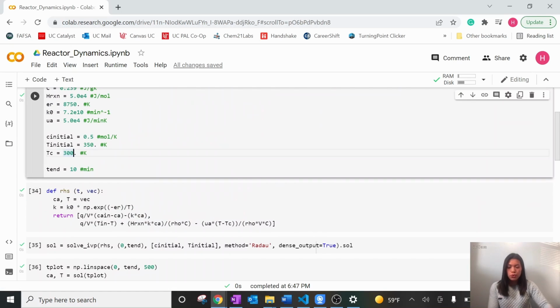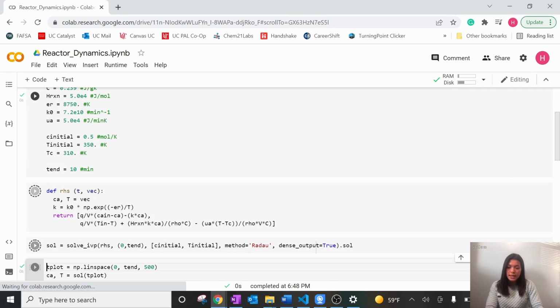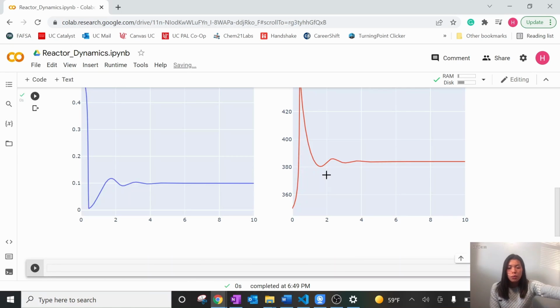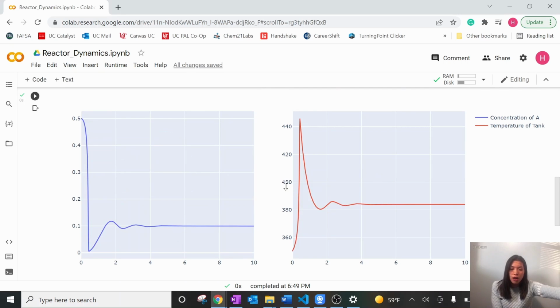Now if we go up to 310 Kelvin, which is the highest temperature in the problem that we were given, we can see we have actually somewhat of an oscillation here. And since the coolant is at a greater temperature, the reactor gets hotter, because it's not cooling the tank as much.